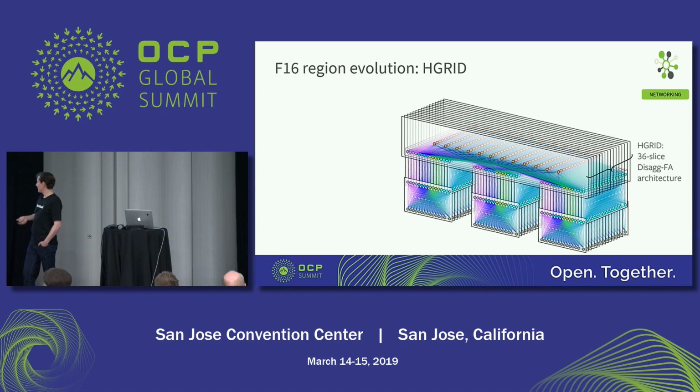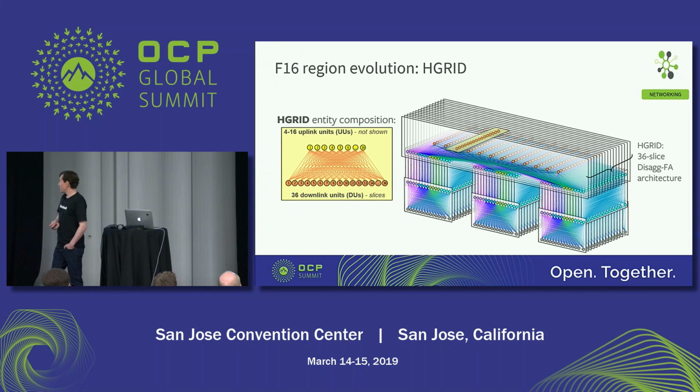In total, there are 36 slices in the HGrid, essentially spanning all SSW numbers in the spine. An HGrid entity, a unit of deployment in HGrid, has downstream units represented on each of the slices and has upstream units, which connect the entity to the outside world, to other regions in our network, to our POPs, internet.